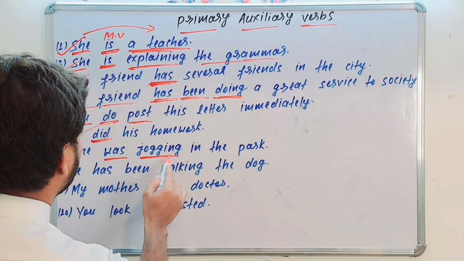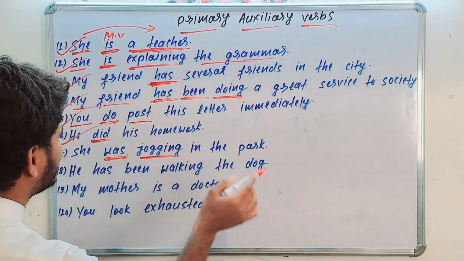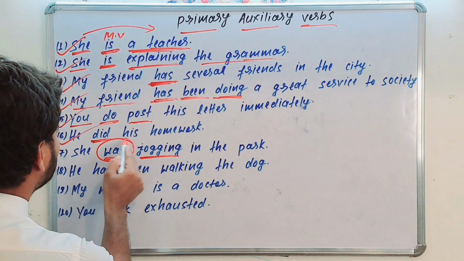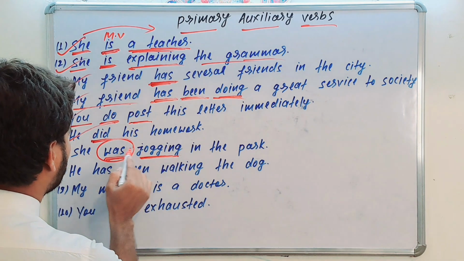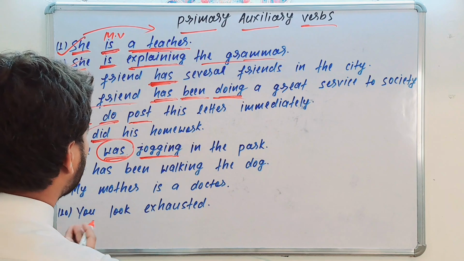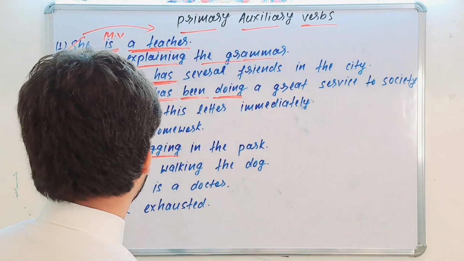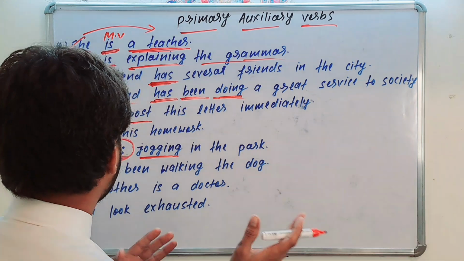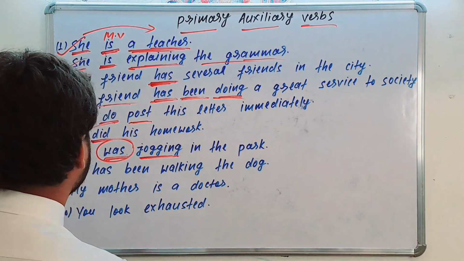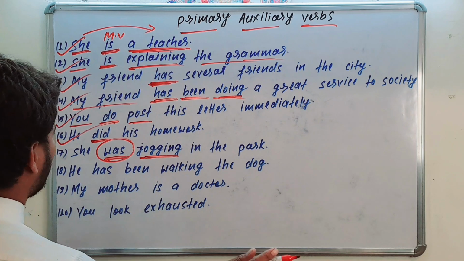Was is a primary auxiliary verb, but used as a helping verb in this sentence, helping the main verb. What is the role of helping verbs? They tell us about the tense and voice of the main verb. Keep in mind and remember.